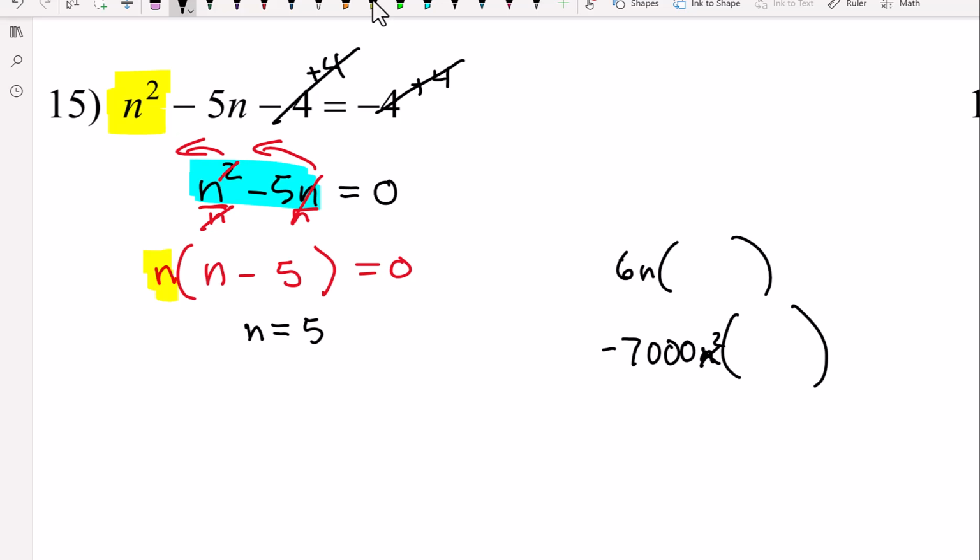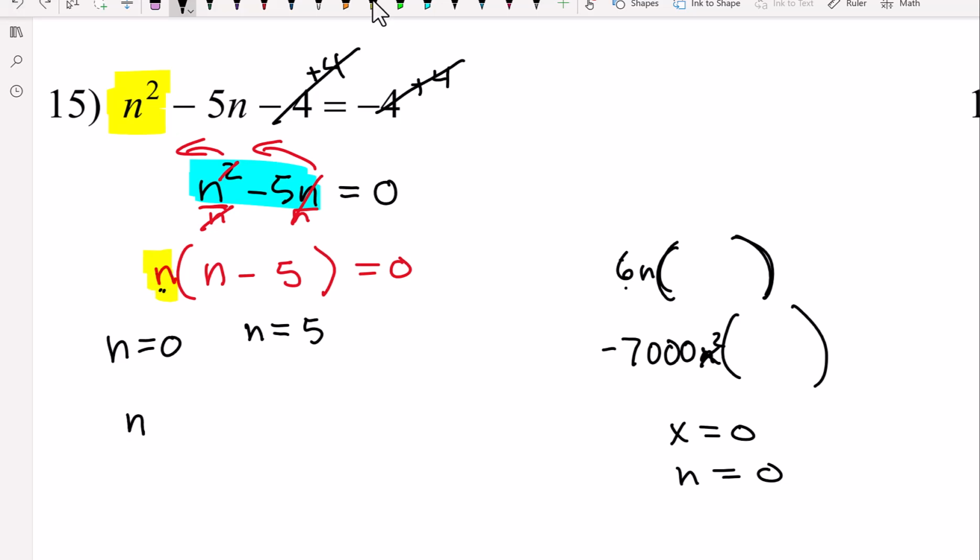Every single time you've got a number attached to parentheses and they're saying to solve, that variable is going to equal 0. Because if this is 0, then 0 times that parentheses is 0. So it follows the zero property.